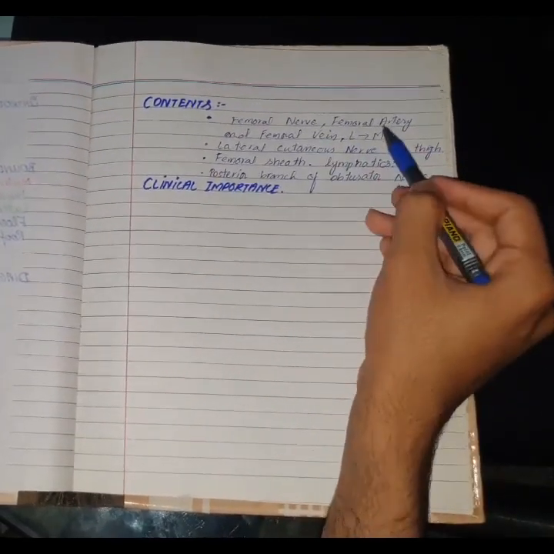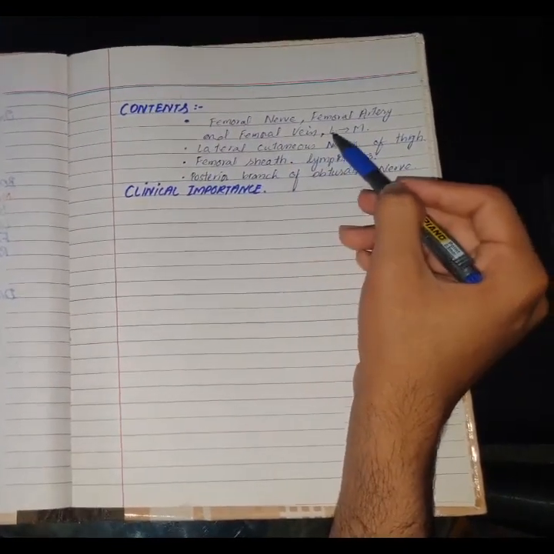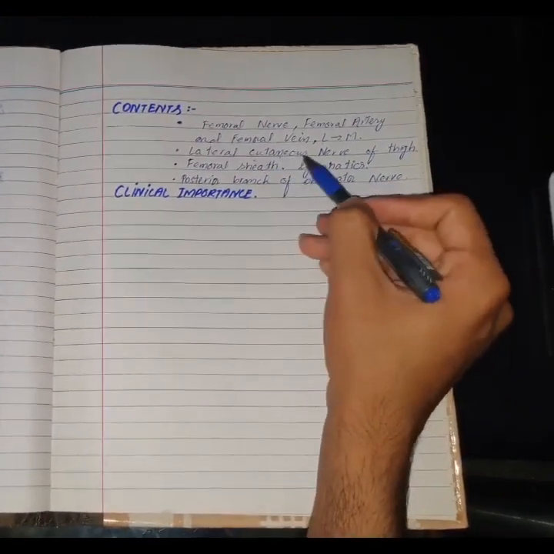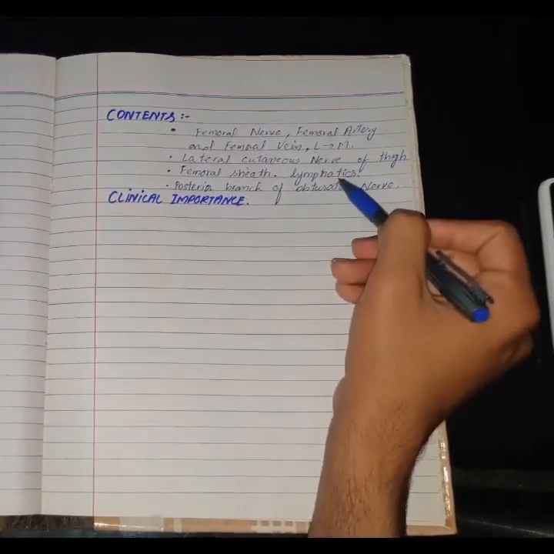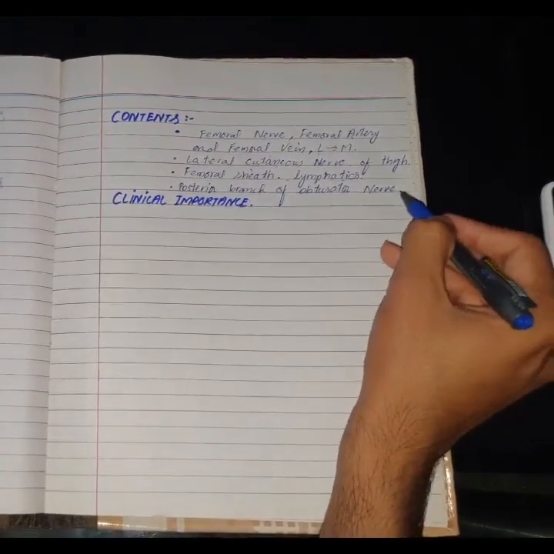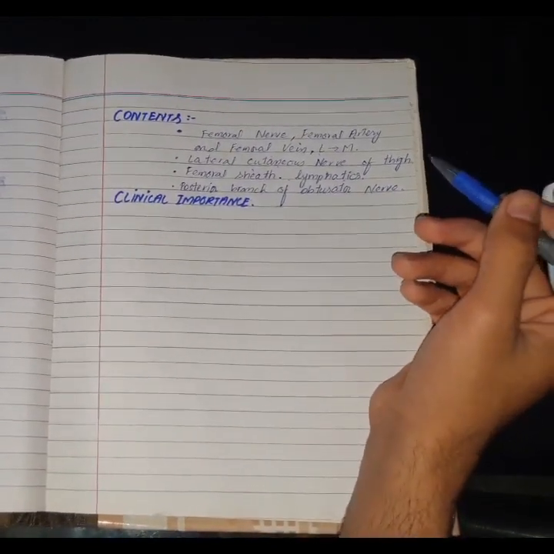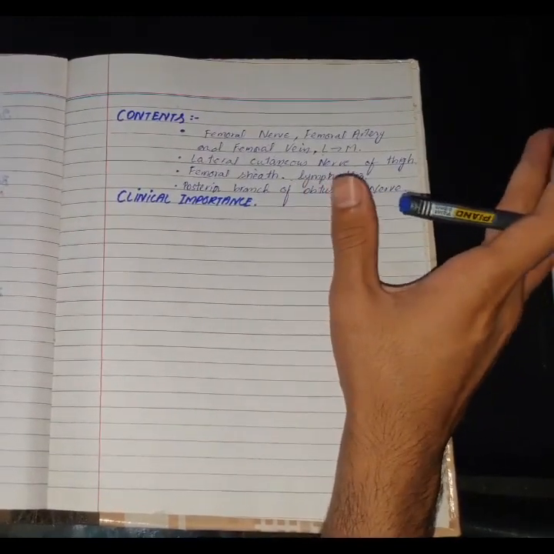So femoral nerve, femoral artery, and femoral vein if we are moving from lateral to medial side, lateral cutaneous nerve of thigh, femoral sheath, and lymphatics, and posterior branch of obturator nerve are present in the femoral triangle, and these are the contents of the femoral triangle.